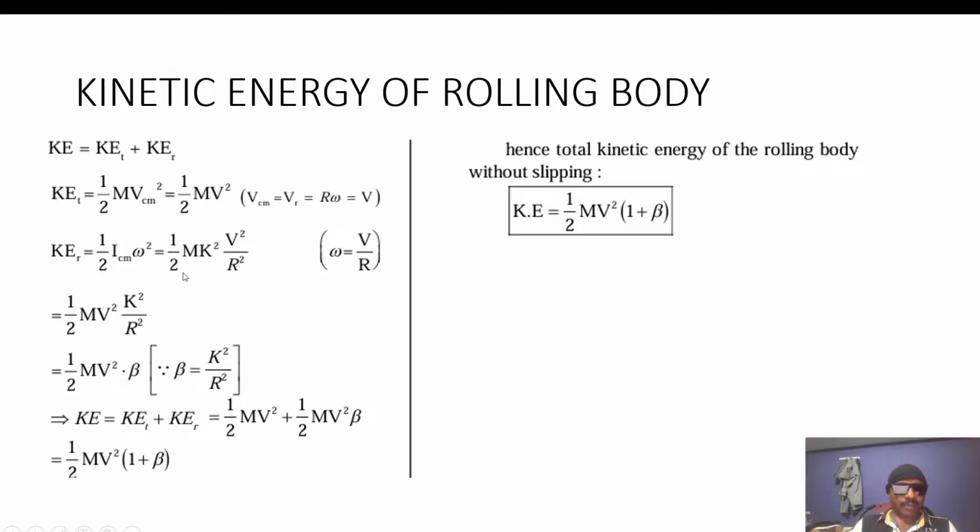I is replaced by mk square, and omega is replaced by v by r. If we substitute, we get k square by r square, which we take as beta. Then from 1 by 2 mv square plus 1 by 2 mv square beta, taking the common factor, we get 1 by 2 mv square into 1 plus beta.